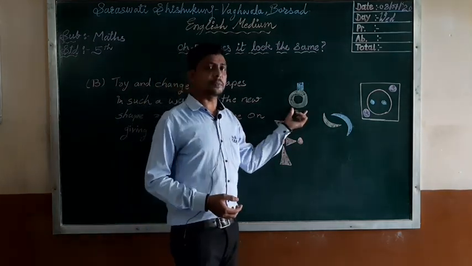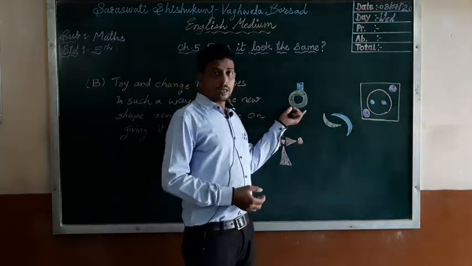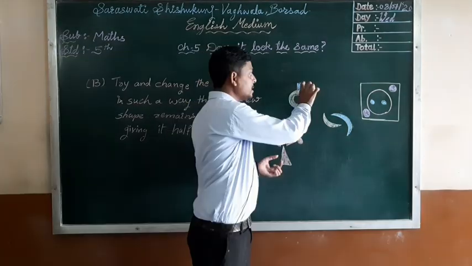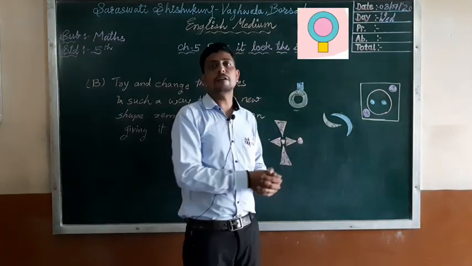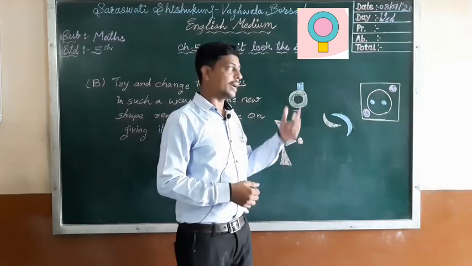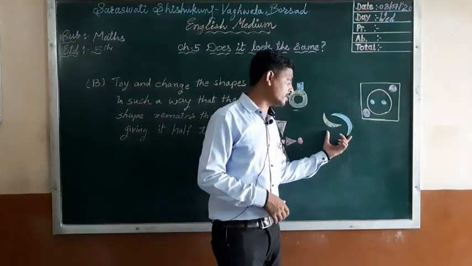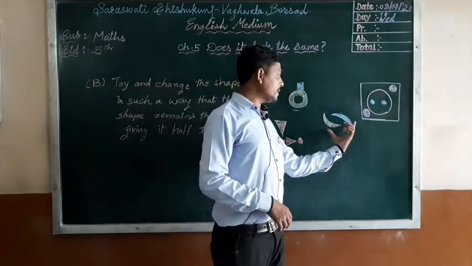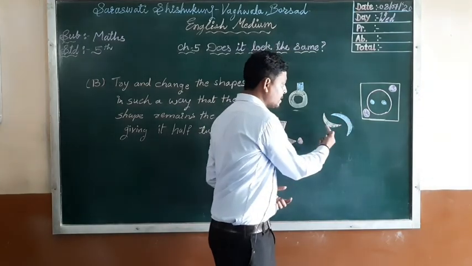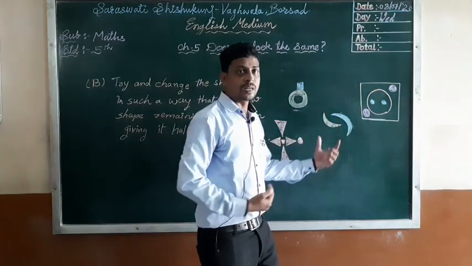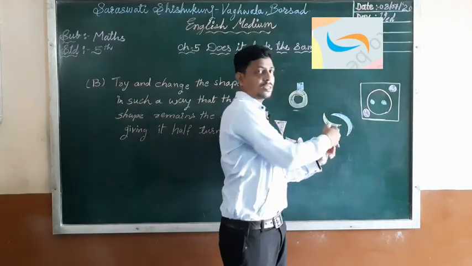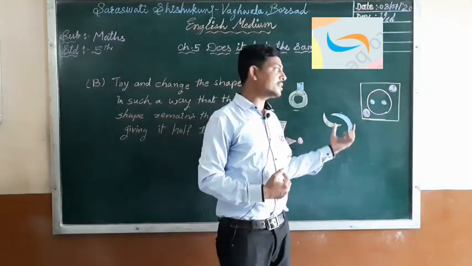If we see the first picture, on rotating it, this upper portion will come downside, means it will not remain the same as the picture is. Now next picture, if we rotate this into half, this will come downside and this will come upside. Means here the color changes, that's why it will not remain the same.